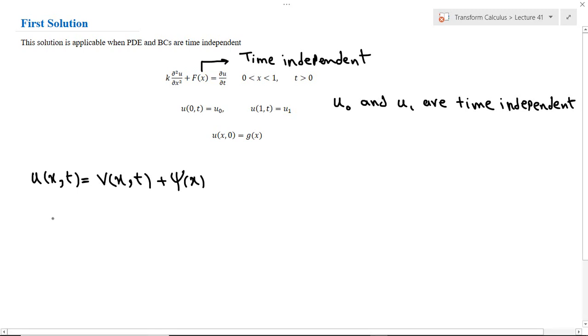If we assume u is equal to v plus psi, now I find the second derivative of u with respect to x and the derivative of u with respect to t, and plug them in the partial differential equation.